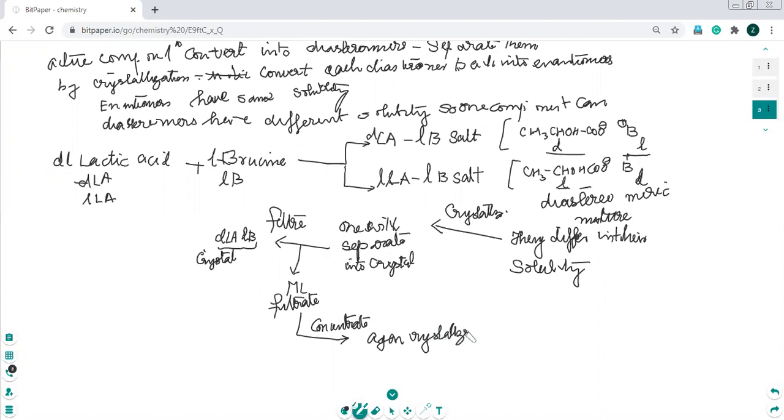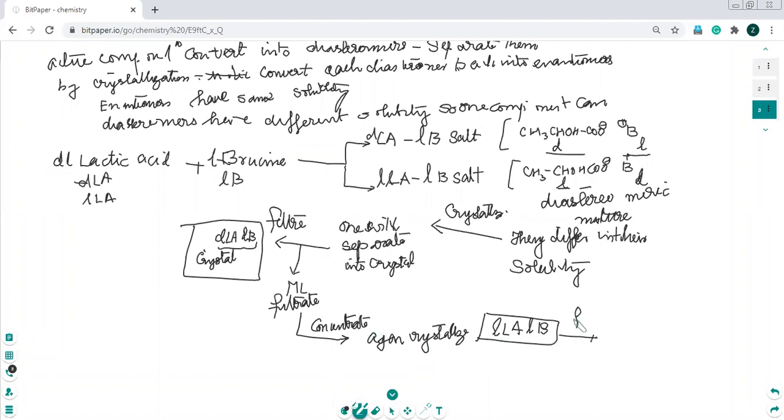You will get the other component. Which one? L lactic acid, L base. This salt you can get. So you have done the separation. Here you have crystallized, and again crystallized means you are getting this salt separated.